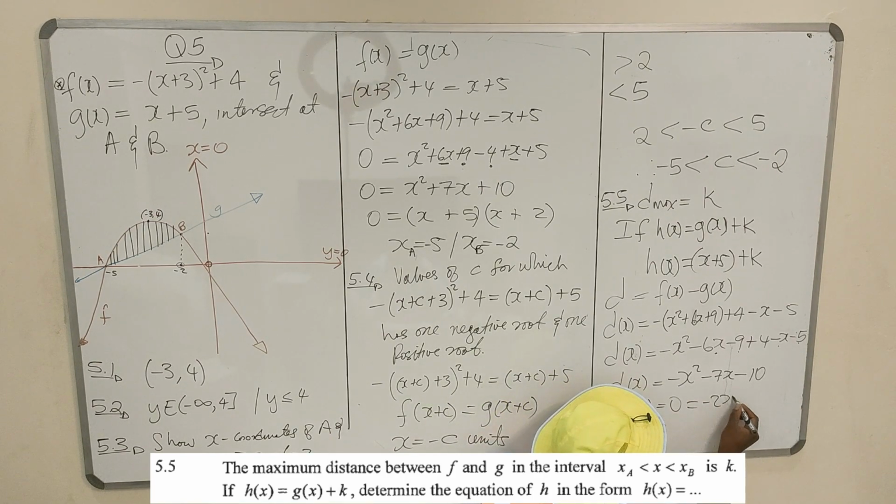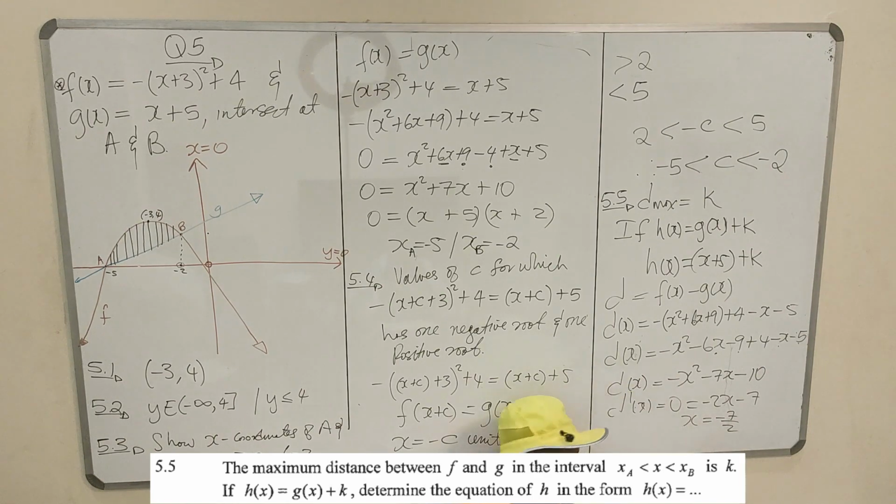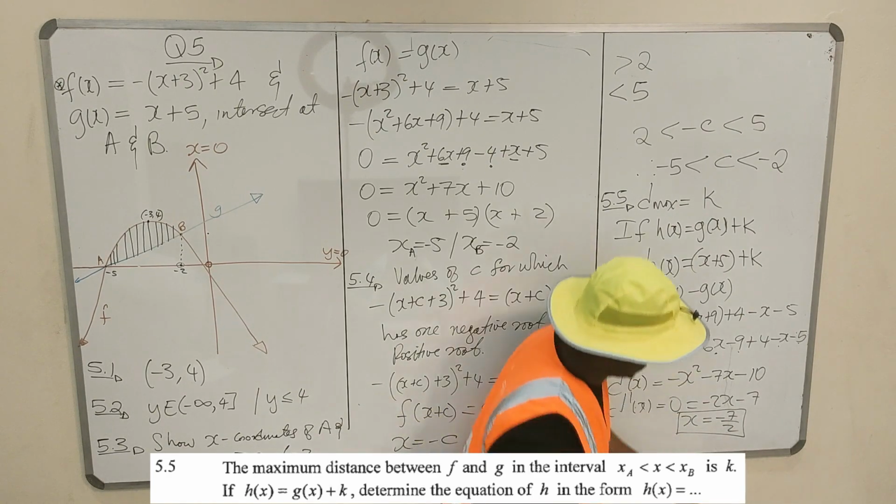Then let's differentiate this. You have minus 2x minus 7. Then your x is equal to minus 7 over 2. This is the x value where your maximum distance is.